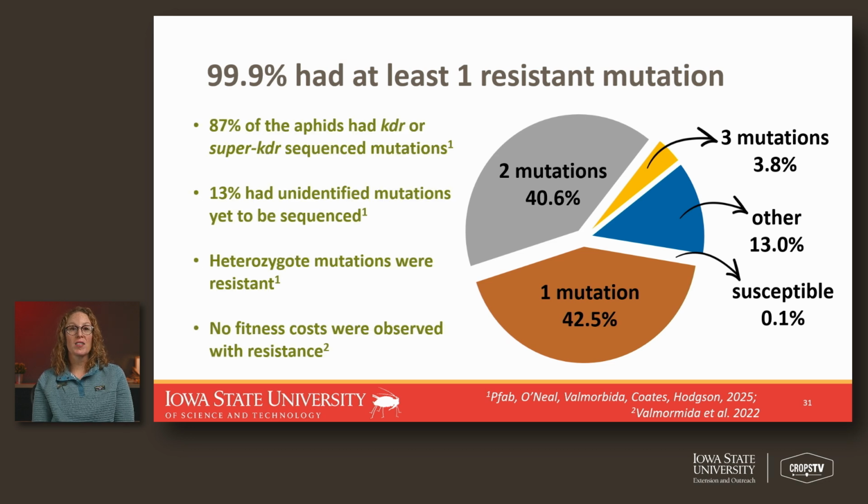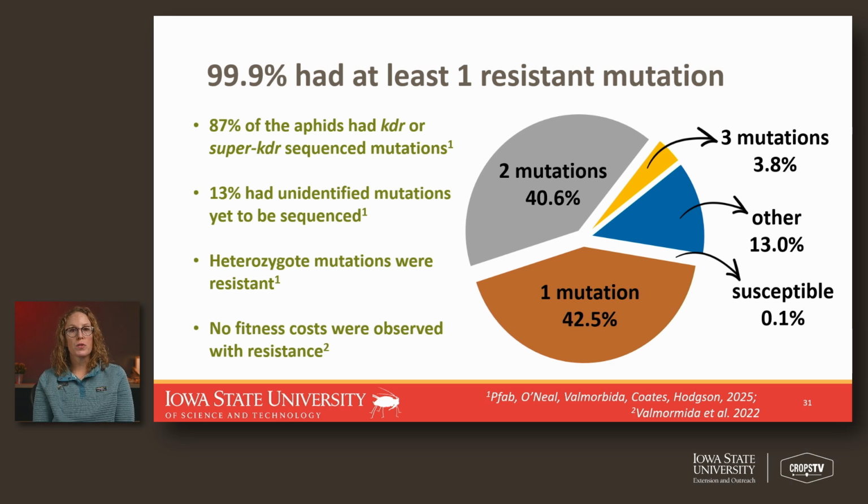And in fact, 87% had one of those four known mutations that had been previously sequenced. Another 13%, or that blue wedge in the pie chart, had a KDR mutation that has not been sequenced yet. So, still more information to come on that. We only had 0.1% of the population considered totally susceptible to pyrethroids.